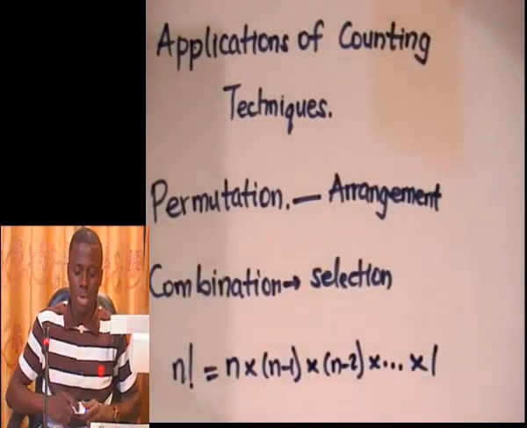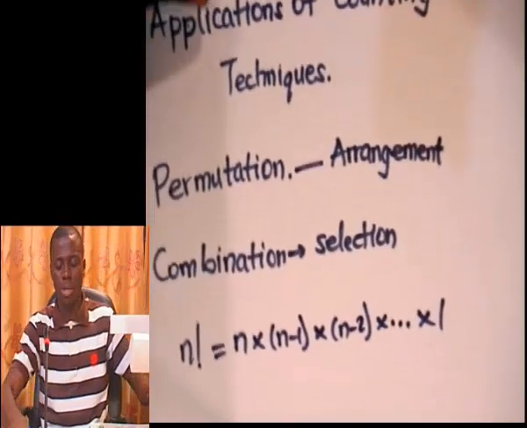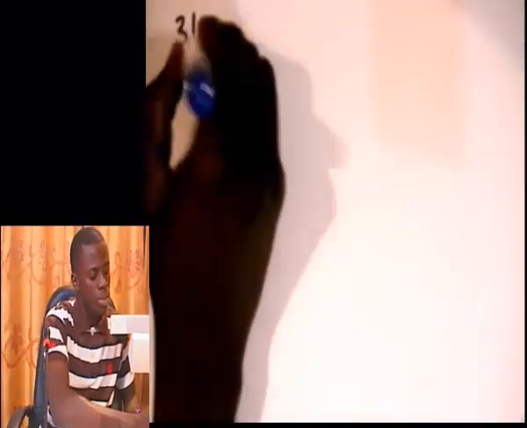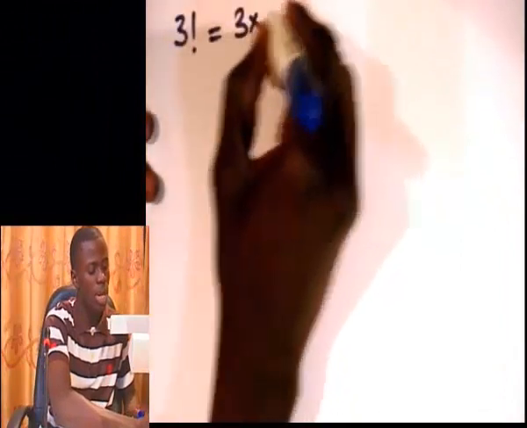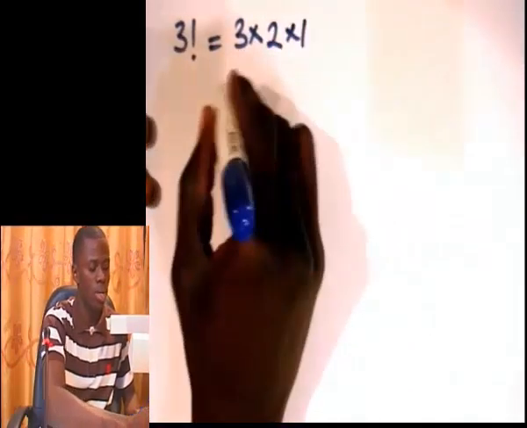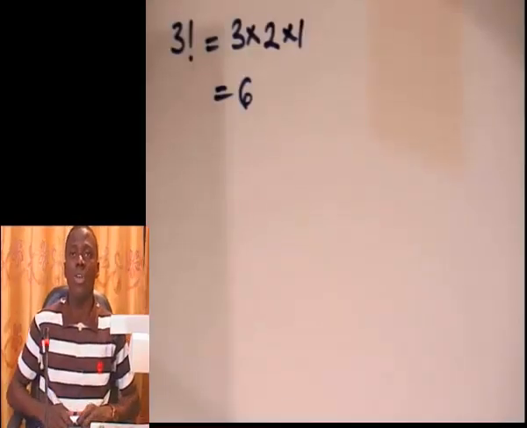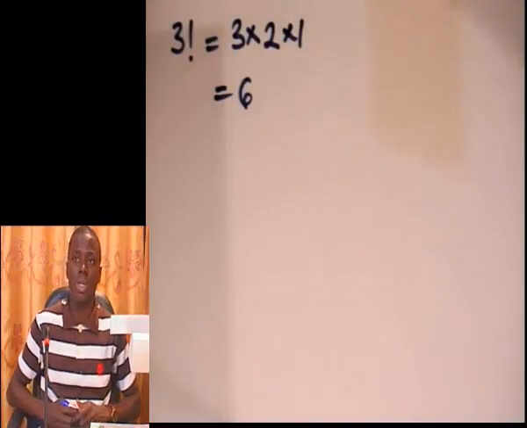So the number of permutations of the letters A, B, C is actually 3 factorial, and that is 3 times 2 times 1, which gives us 6. So there are 6 distinct ways of arranging A, B, C.